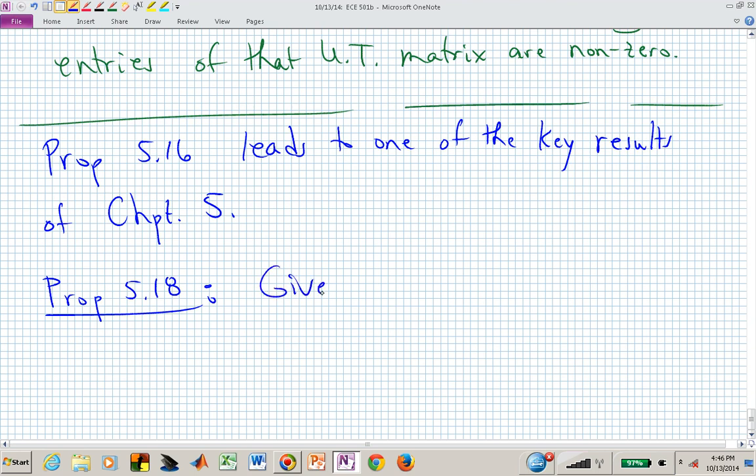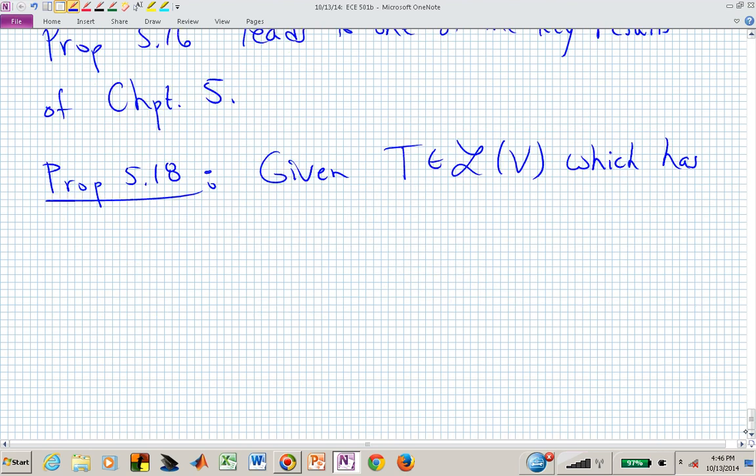Here, we're given a linear operator T, and we're assuming that that linear operator has an upper triangular representation on some basis.